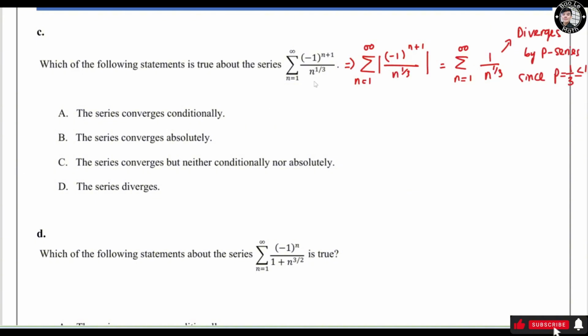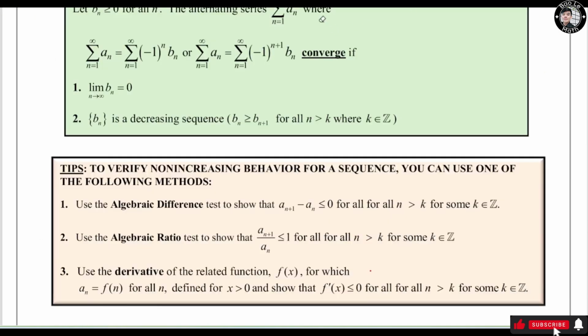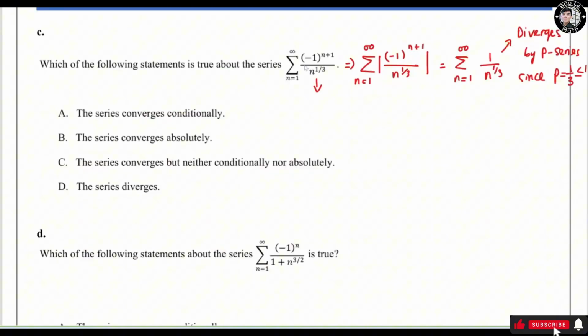We need to check whether the original one is conditionally convergent. So we're going to use the alternating series test. We let b sub n equal 1 over n to the power 1 third.